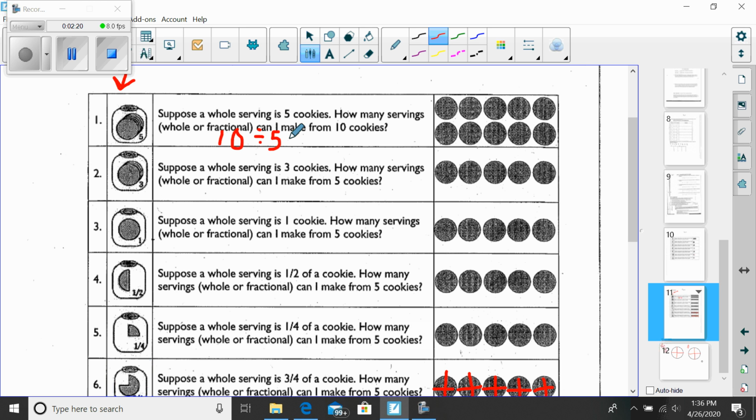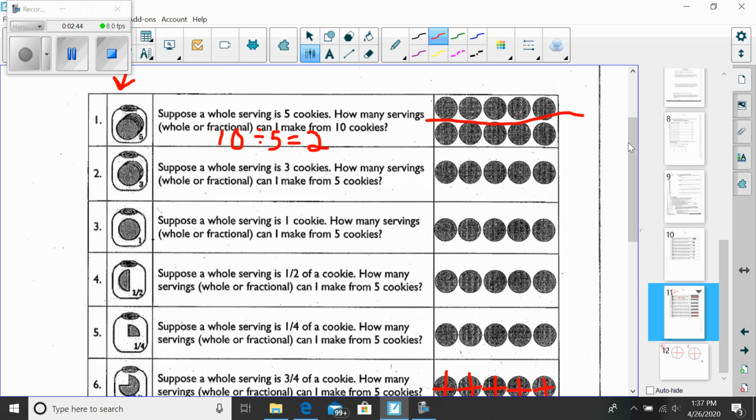We take the number of cookies. A whole serving is 5 cookies, pretty large serving. And how many servings of cookies do we have? We can see we're taking this and dividing it. So we would have 2 servings of cookies.